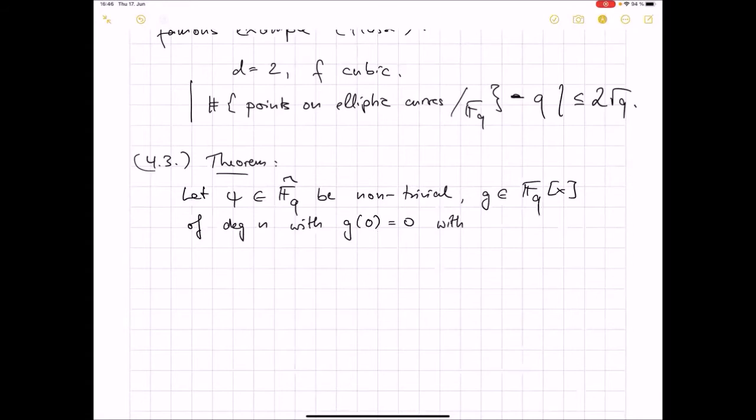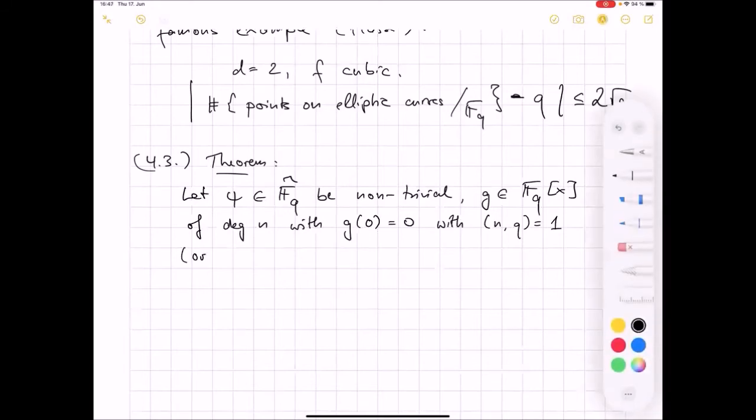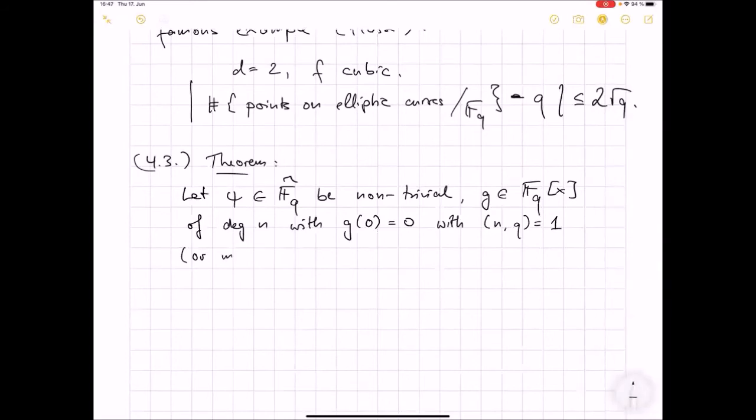And we need that either n and q are coprime, which is needed to make sure that the character psi is non-trivial, or, more generally, z to the q minus z minus g(x) is absolutely irreducible. It's possible to take this more general condition, but then the proof is a little harder.